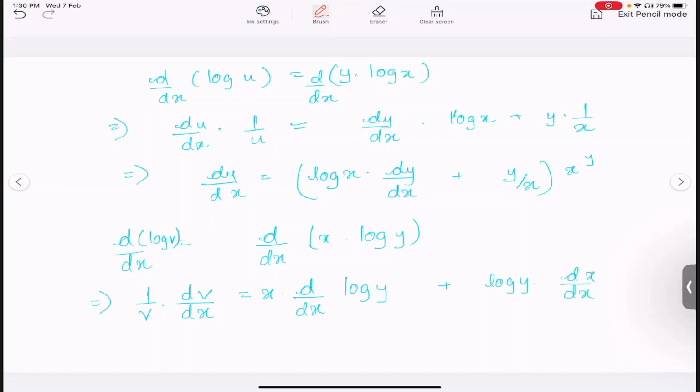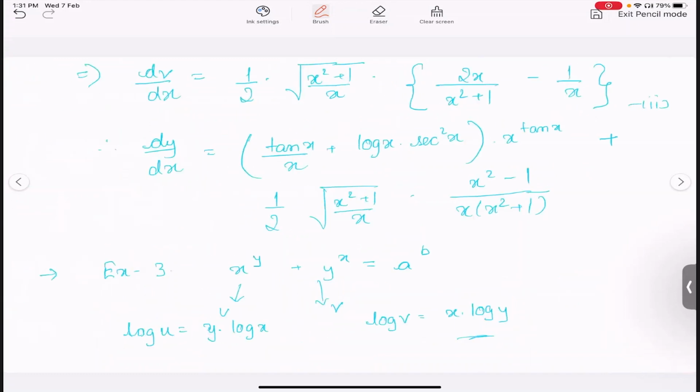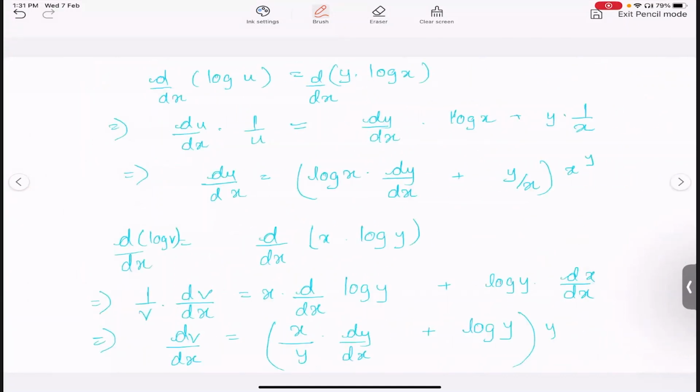So this is the thing that will be equal to, this is plus dy by dx will be equal to, this derivative will be 1 by y times dy by dx. This can be written as x because we had x in multiplication, plus log y, this is what we had left with, times v, and for v we had y to the power x.